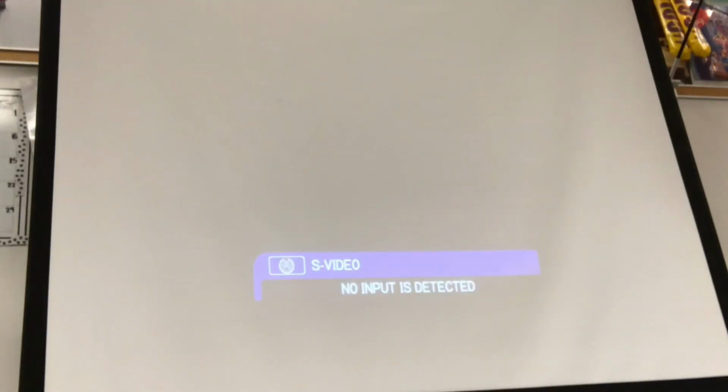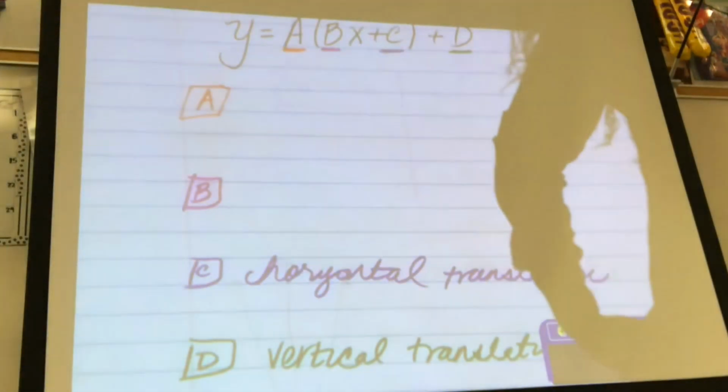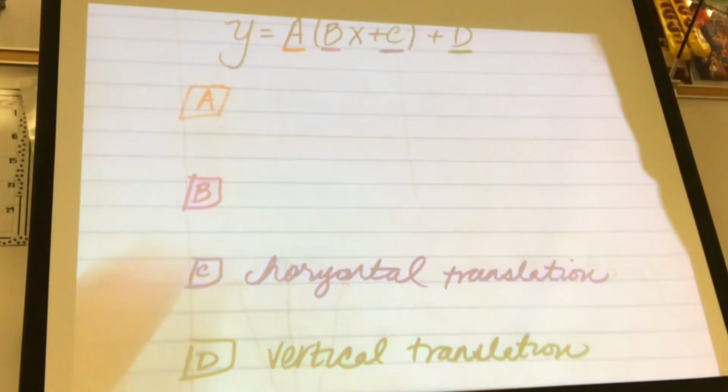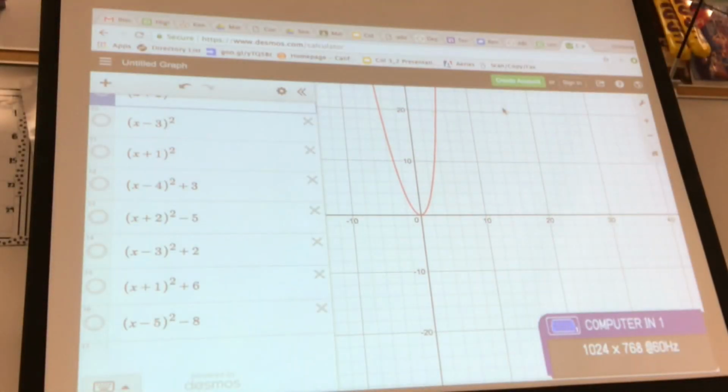In your calculators, please go to the y equals button and put y equals x squared in y1. Then in y2, I want to insert what we call an A. So what I want to insert is the number 5. Please insert the number 5 in y2. What happens when you put that 5 there?